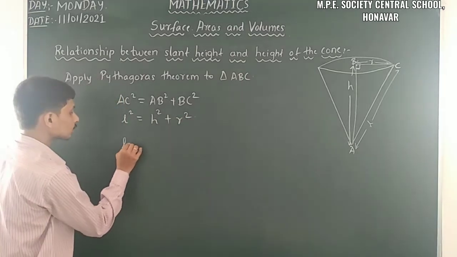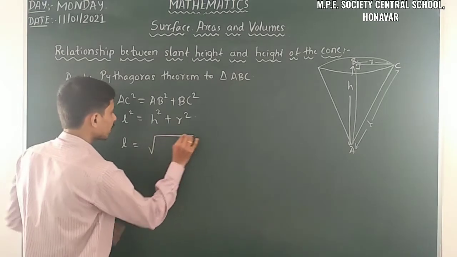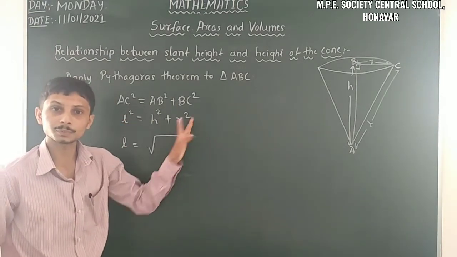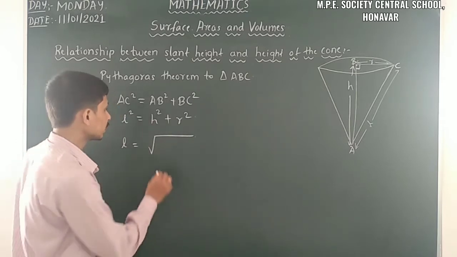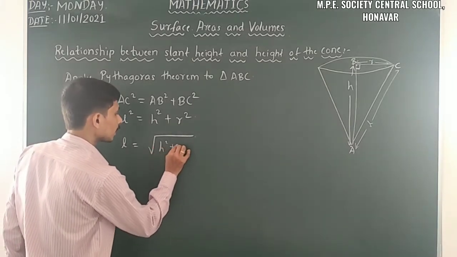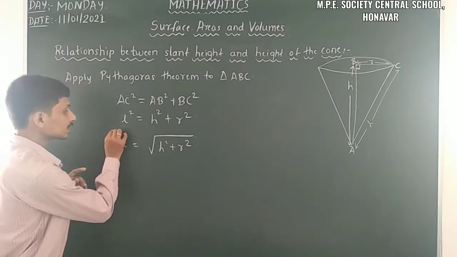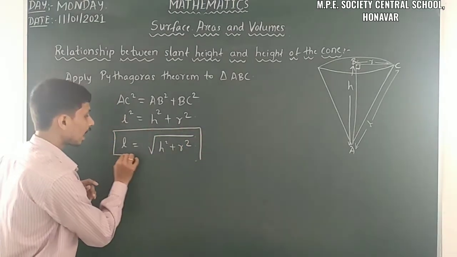So L is equal to the square root of H square plus R square, after transposing the square to the right-hand side. Here it is the relationship between the slant height and the height of the cone.